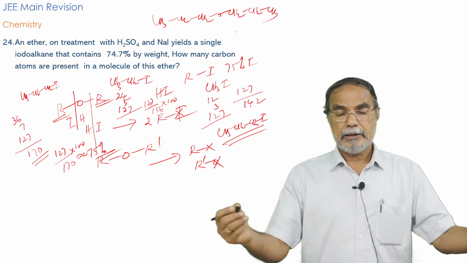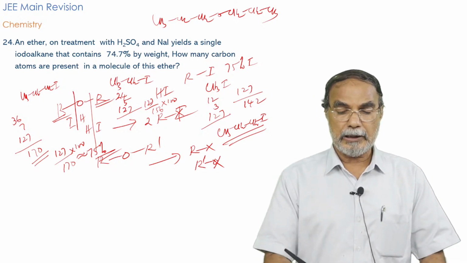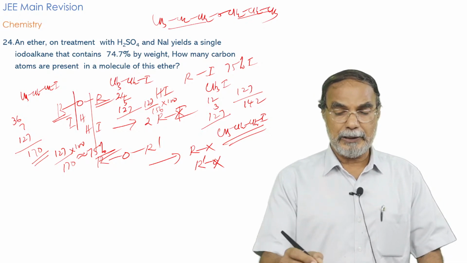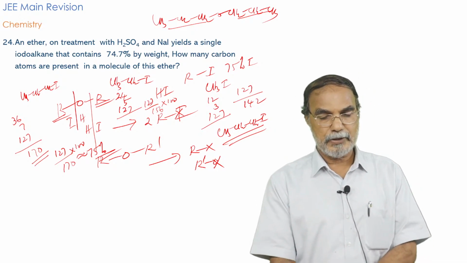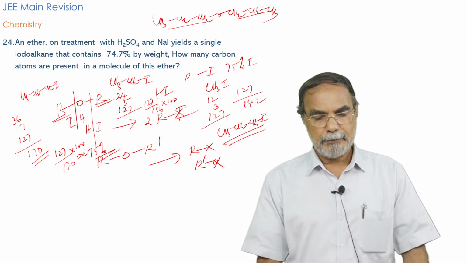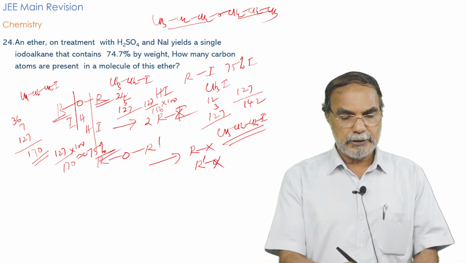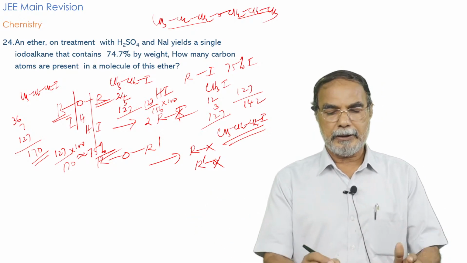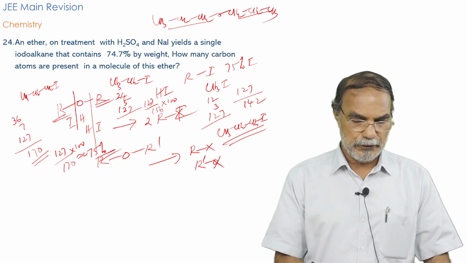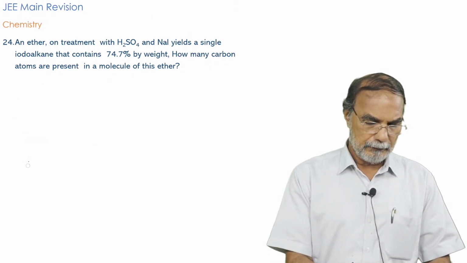Because it's a simple ether, you get a single alkyl halide, that is propyl iodide, and therefore this ether must contain 6 carbon atoms. Pretty simple question, but the only thing is that you have to make a trial and error with the simple molecules methyl iodide, ethyl iodide and propyl iodide. You come to the answer when you take the case as propyl iodide. So a simple question, I think all of you can answer it very easily.